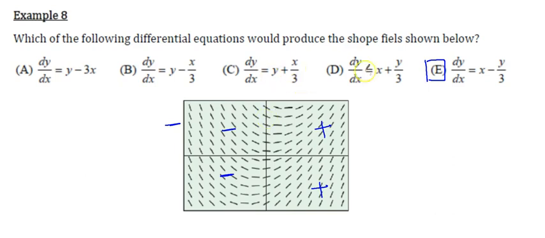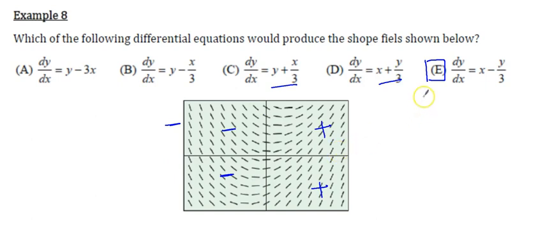Why not the others? Here you can see that these are positive slopes, x and y both positive, so this will be fine. But you always have to look for the counterexample. Two negatives make a positive, but then you are subtracting and then dividing by 3. So the best approach is to pick any point and check where you get the 0 slope on the horizontal axis.